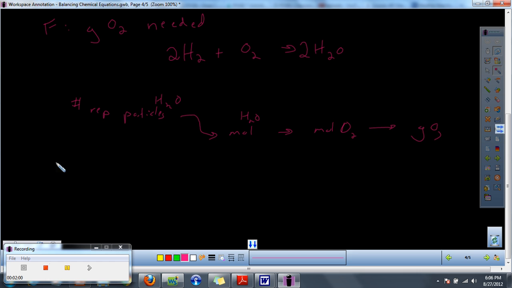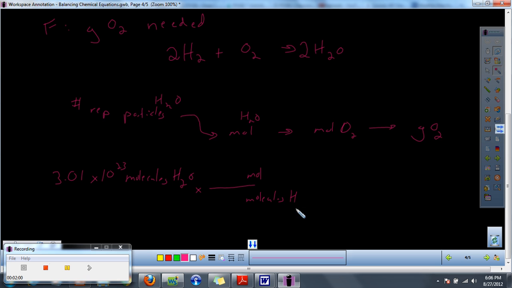Okay, so let's see, we are going to be forming 3.01 times 10 to the 23 representative particles, so the number of molecules of H2O. And we want to convert then into moles from the molecules.